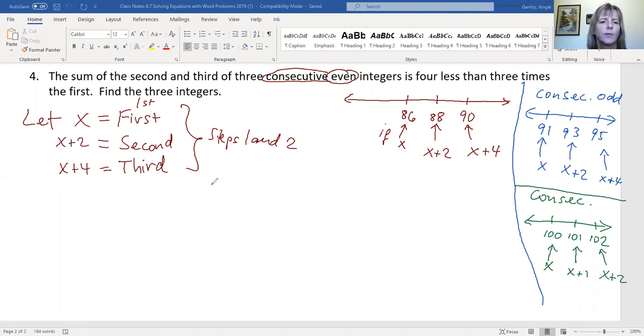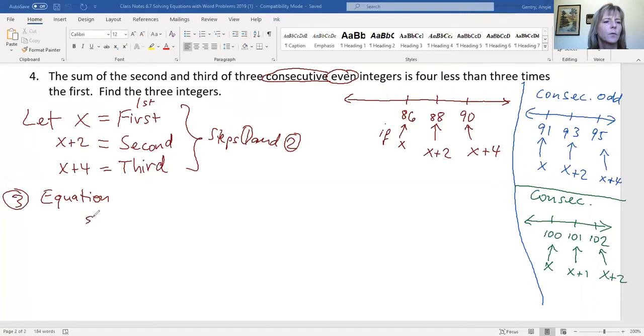Then you have to translate. So step 3 is the equation. So this is 1 and 2, 3 is the equation. Now you have to write an equation. You need to use the wording and you need to translate. You did this in pre-algebra, if you had pre-algebra.